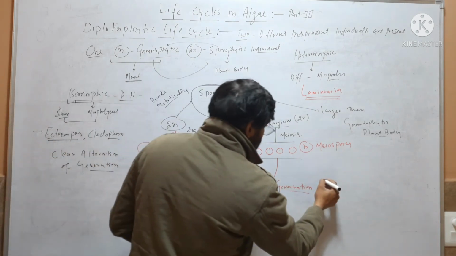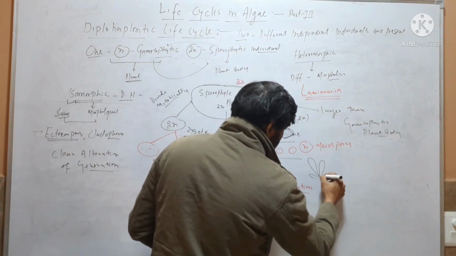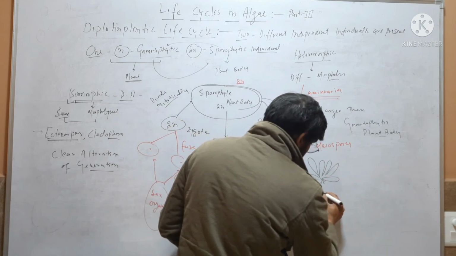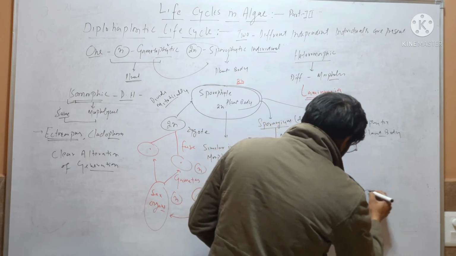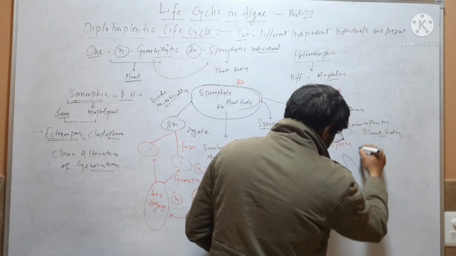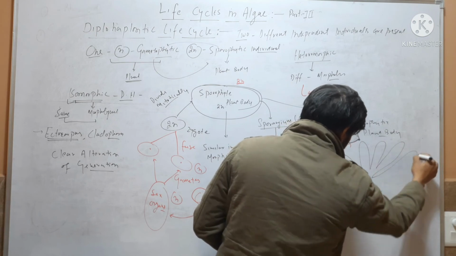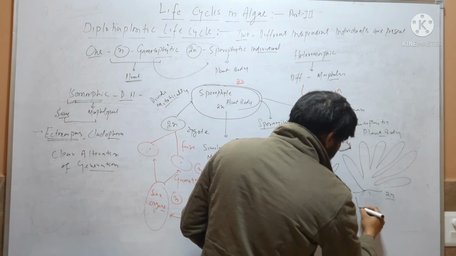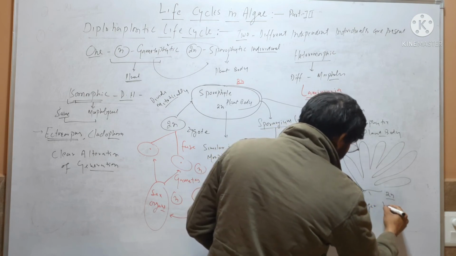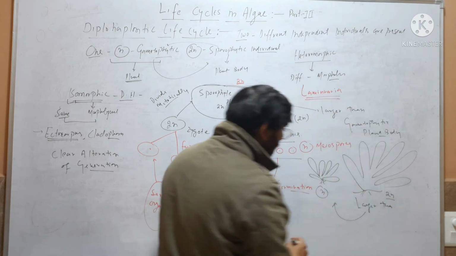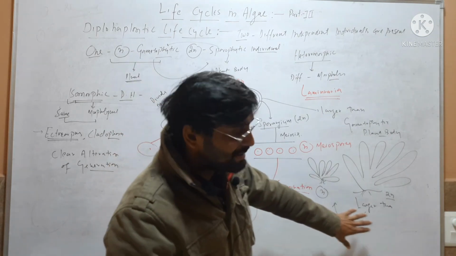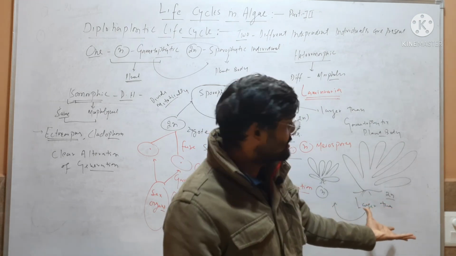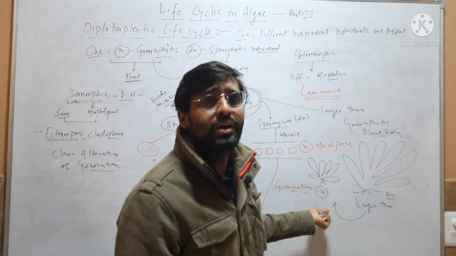For example, this is a plant body, that is N, and this is a plant body, that is 2N. So here in that case, this body is larger than this. So you can identify by looking at this body, by morphologically looking at this body, that the body which is larger is diploid and which is smaller is haploid.